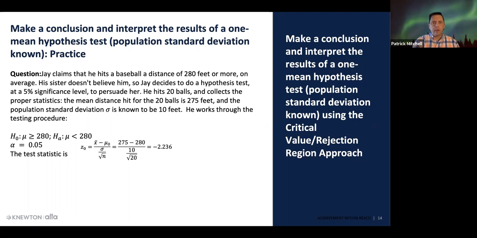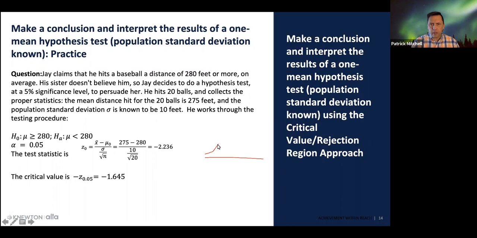All right, so now the critical value for this test would be negative z sub 0.05, which is negative 1.645. Before we go any further, I would like to draw a little picture because I think the picture is really, really helpful.